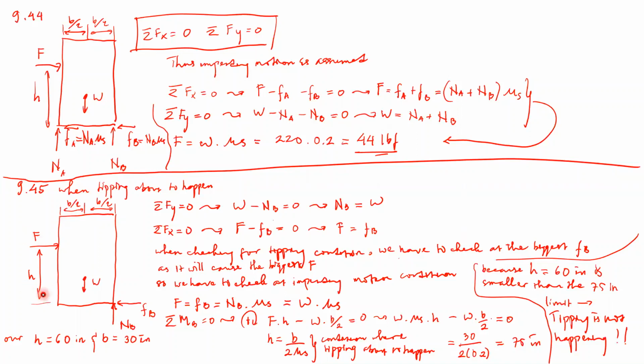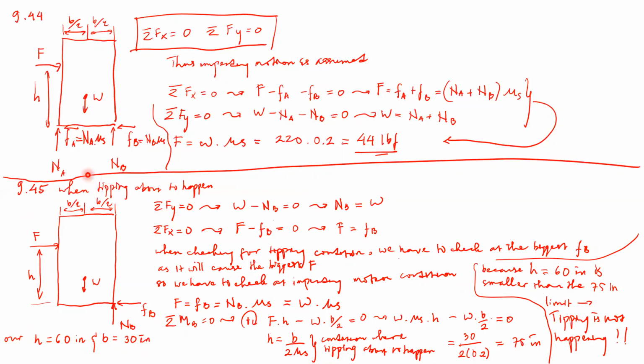The limiting value is actually the moment, but the moment has two components, F and H, right? So if we know already the value of F, we have to check the value of H whether it will cause tipping or not. But if the value of H is known, then we have to check the value of F whether it causes tipping or not, right? Yes. That's the thing. So what we're supposed to do in order to check whether tipping is happening or not is check the limiting condition like this.